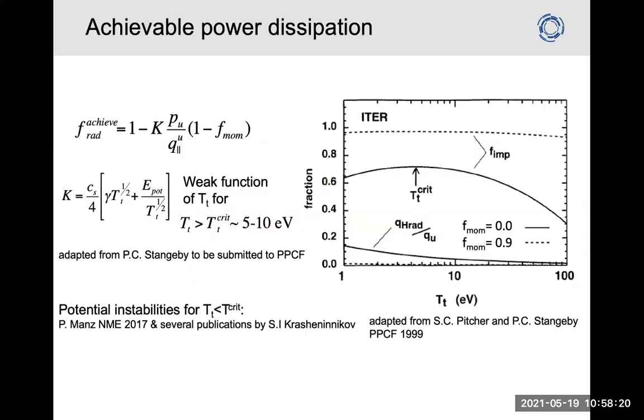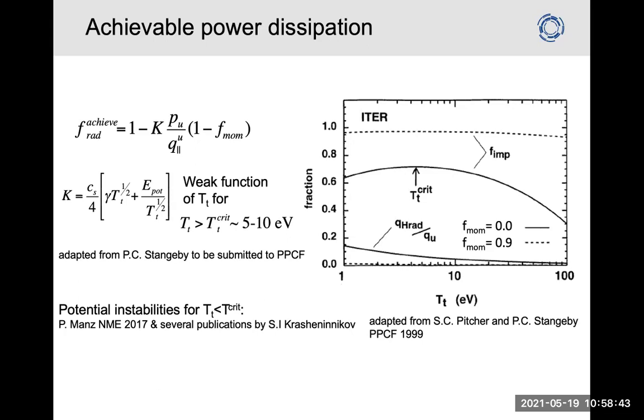Now the question is, what do we know? I told you last time that there is a minimum fraction of power that you need to dissipate. You remember, there was this, how much power reaches the target compared to how much power is allowed to reach the target because of the components.